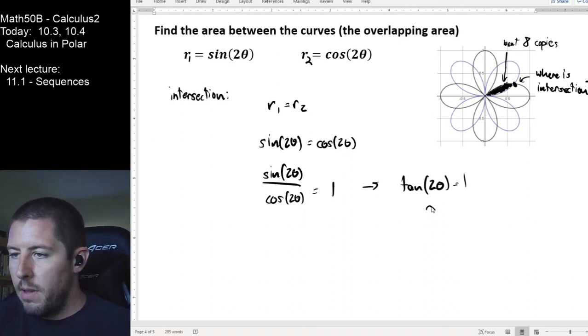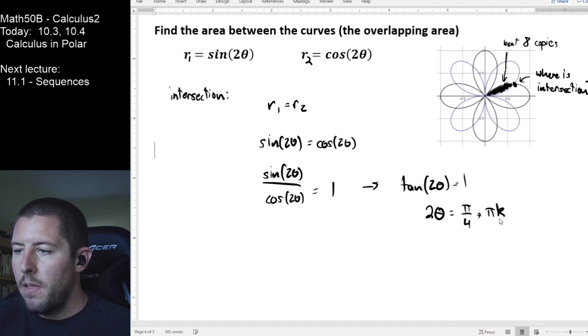So this is true whenever 2 theta is equal to pi fourths plus pi k. And then I'm going to divide this whole thing by 2, and we're going to get pi eighths plus pi halves k. It seems to me like this pi eighths is really the thing that we're looking for right here.